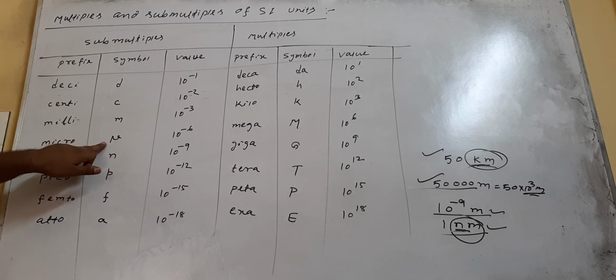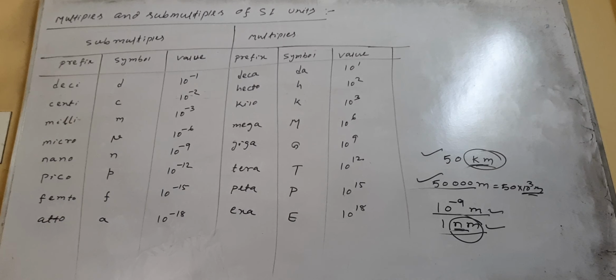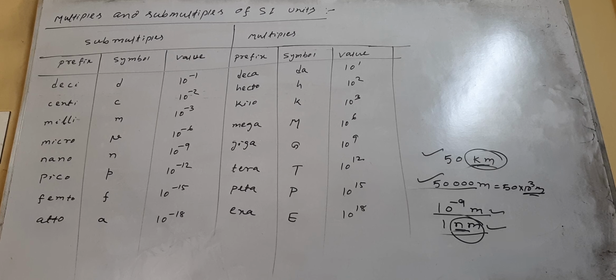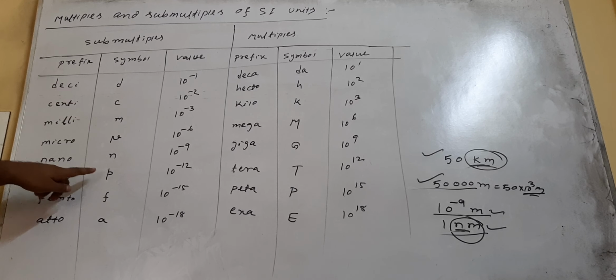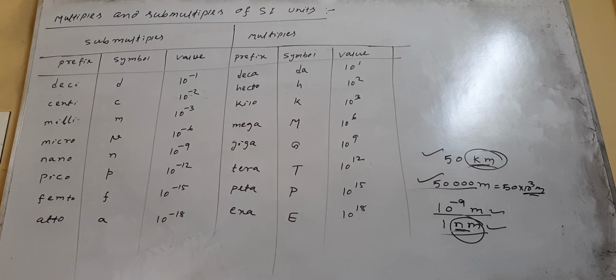Micro, mu, value is 10 to the power minus 6. Nano, small n, value is 10 to the power minus 9. Pico, small p, value is 10 to the power minus 12. Then femto, small f, value is 10 to the power minus 15. Then atto, small a, value is 10 to the power minus 18.